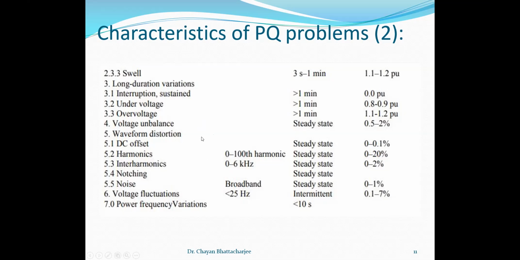If you multiply with 3, it will be a third harmonic. But if you multiply with say 2.5, then it will be an interharmonic, or say 2.25 or 2.15, whatever it is. So any harmonic number which is not an integral multiple of the fundamental and is greater than the fundamental is an interharmonic. Next is your notching.